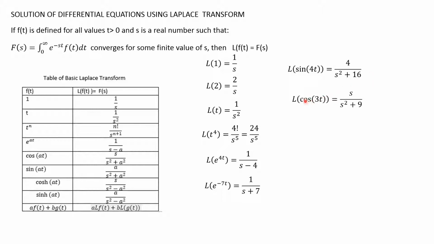The Laplace transform of cosine 3t is s over s squared plus 9. The Laplace transform of hyperbolic sine 4t, that's 4 over s squared minus 16. That's s squared minus 4 squared. The Laplace transform of hyperbolic cosine 6t is s over s squared minus 6 squared, or minus 36.